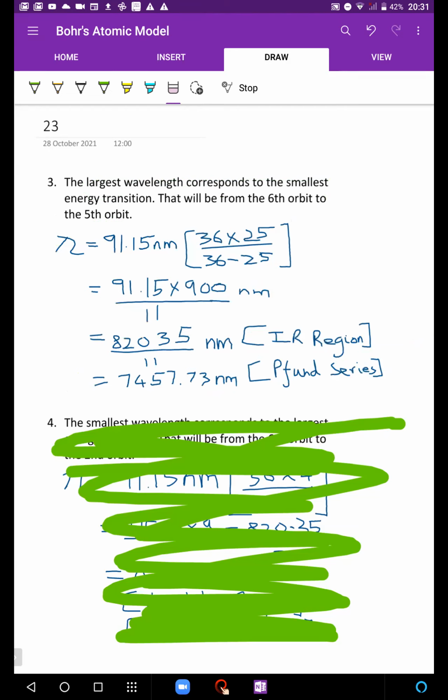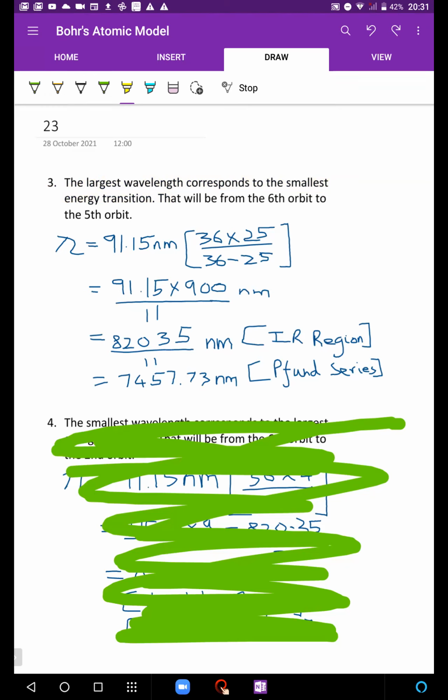Okay, largest wavelength. That corresponds to the smallest energy. Largest wavelength, smallest energy transition. Obviously it should be from one orbit to the next, so it cannot be a jump like 6 to 4 or 6 to 3. The smallest energy transition should be from one orbit to the next.